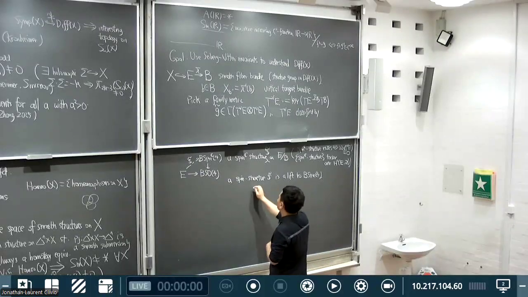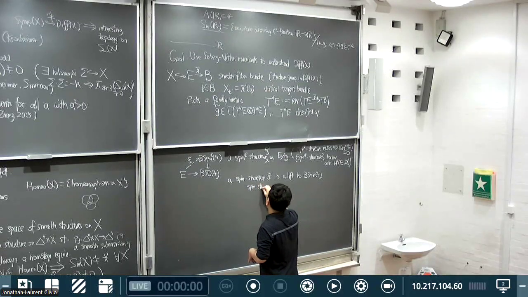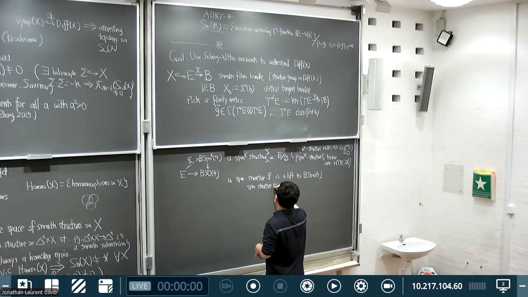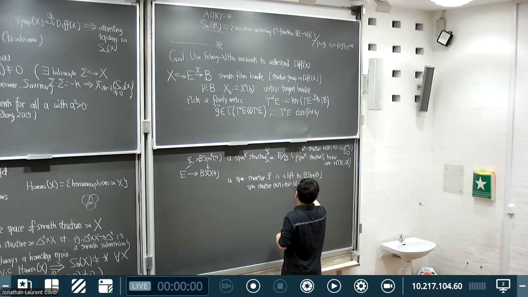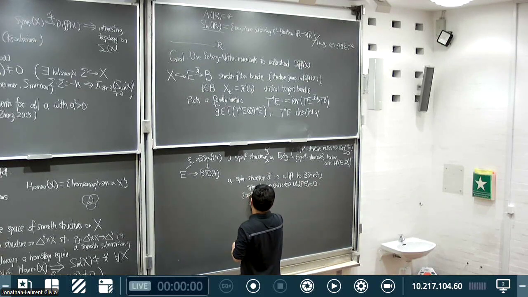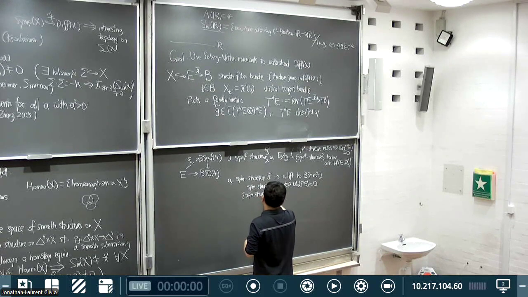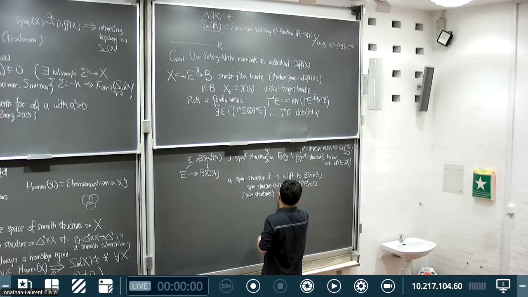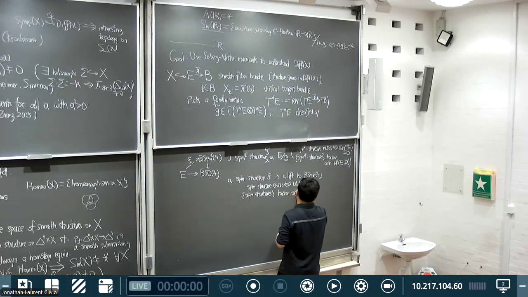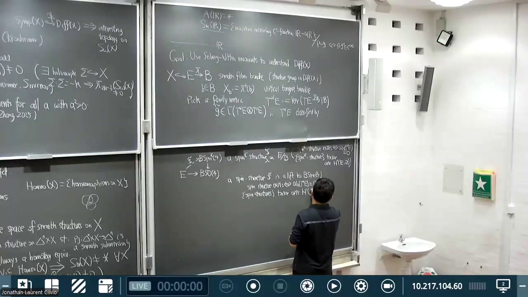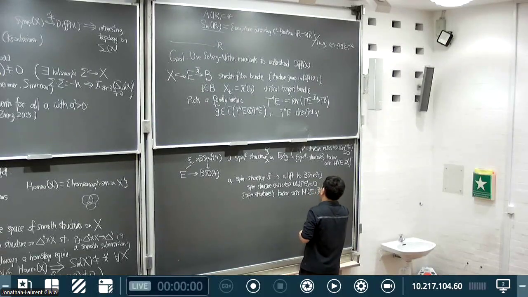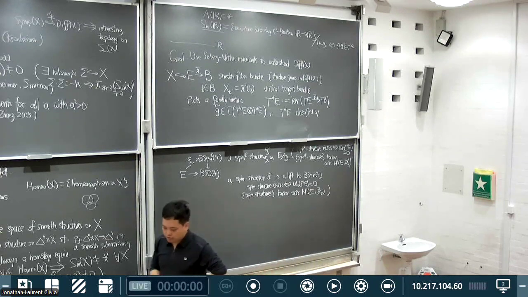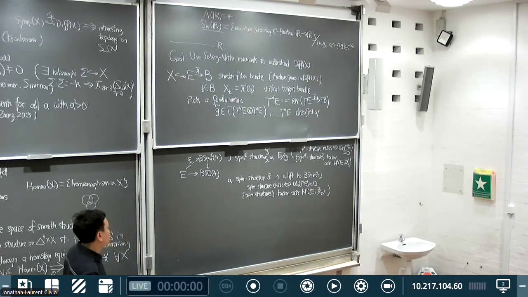And a spin structure exists if and only if the second Stiefel-Whitney class is equal to 0. In this case, the set of spin structures is a torsor over H1 of this. These are very similar to the single manifold setting. We're just working in the family setting.